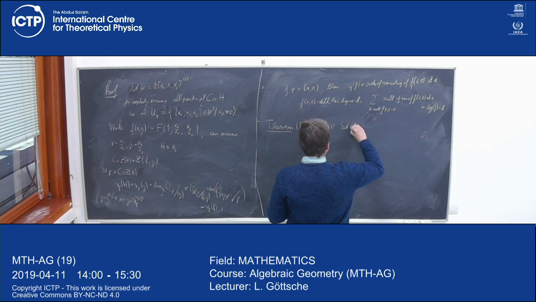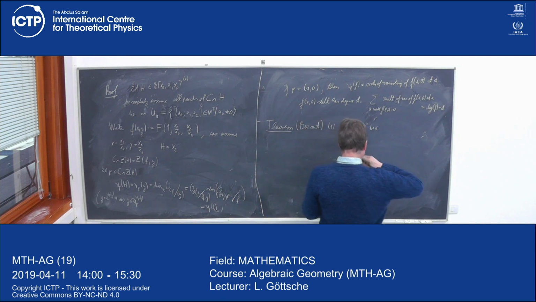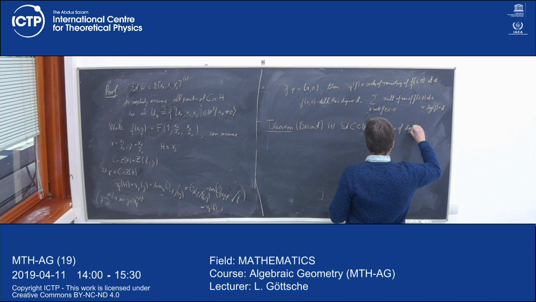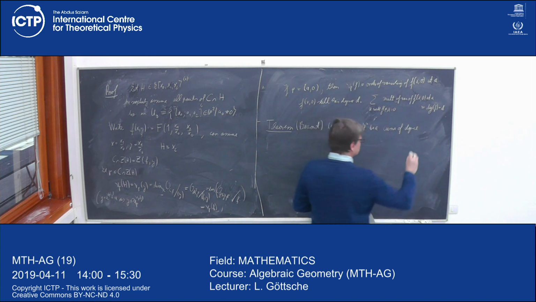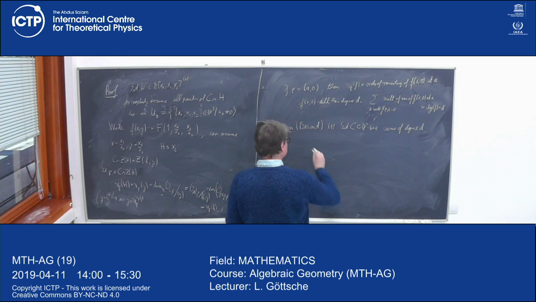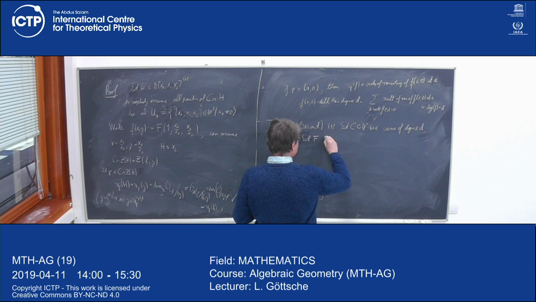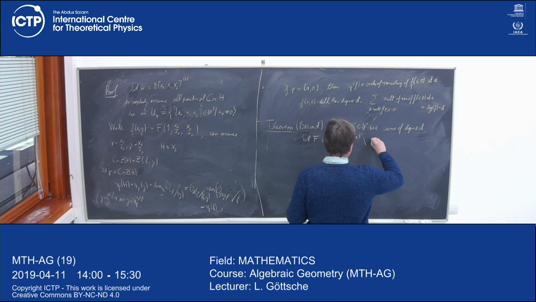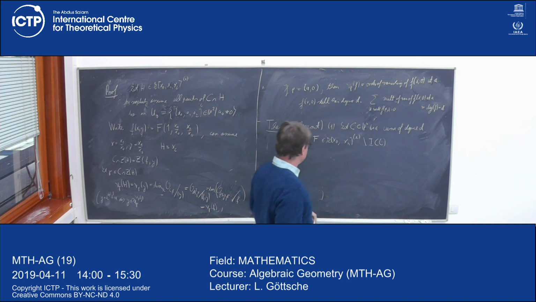Let C in Pn be a curve of degree d, where the degree d means the number of intersection points with the hyperplane, and let f be a polynomial of degree e, which does not vanish on the whole of the curve.